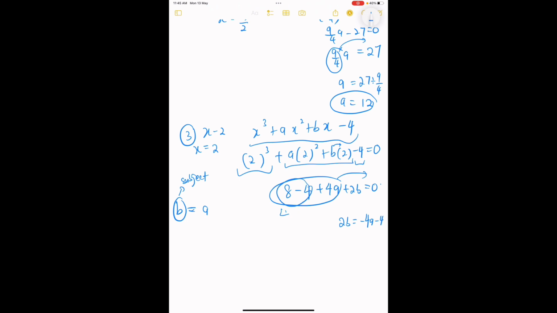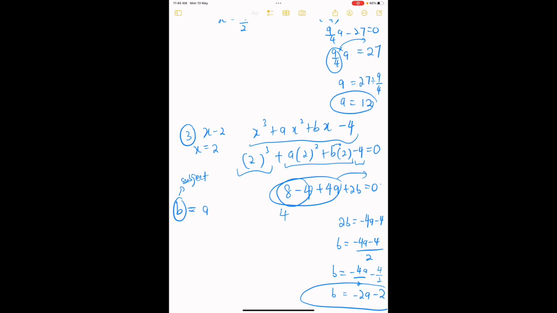Here is 4, right? 8 minus 4 is 4, change to the other side, become minus 4. Next, b is minus 4a minus 4 over 2. So split the fraction, it will give you minus 2a minus 2. This is the final answer for this expression.